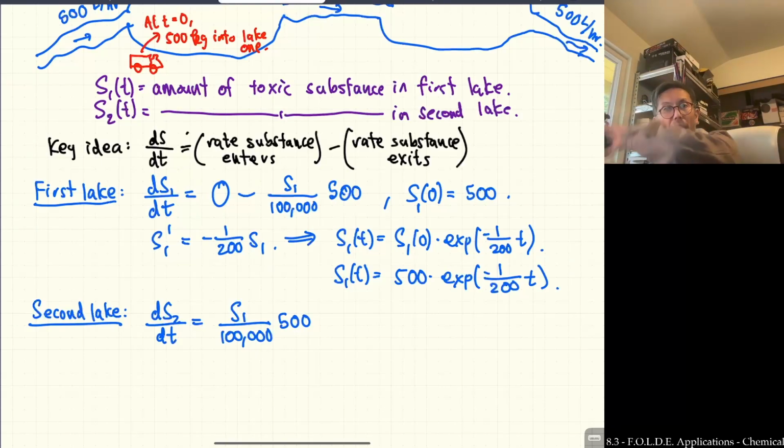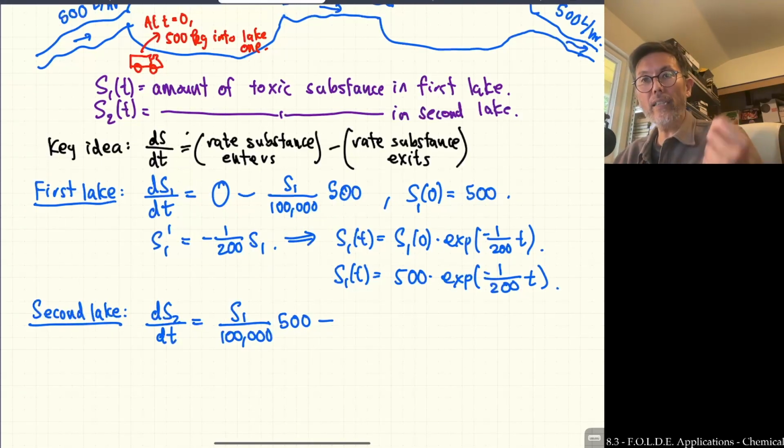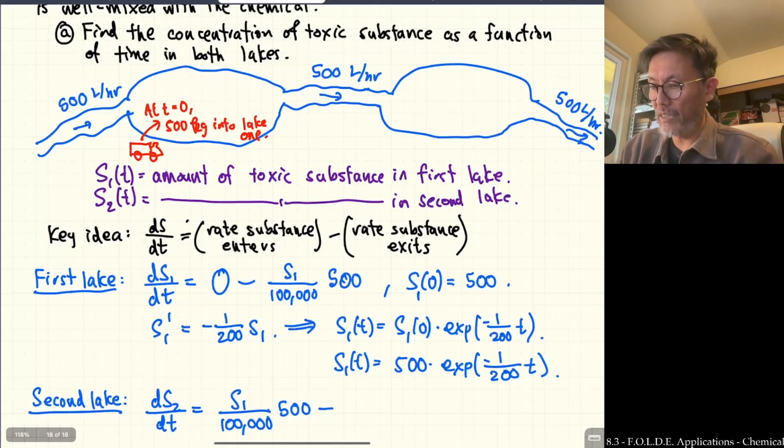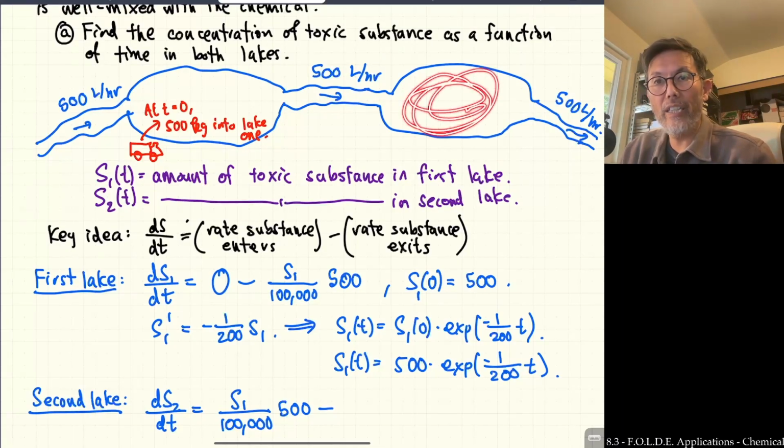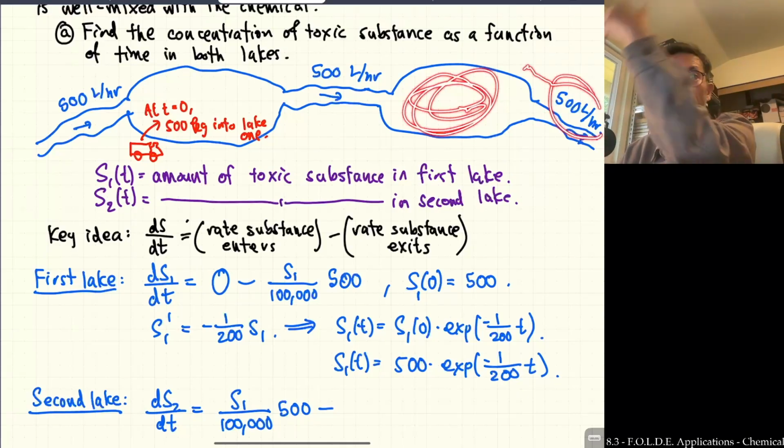Now, how much is exiting the second lake? The amount that's exiting the second lake is going to be given by the concentration of toxic substance in the second lake, multiplied by the volume of fluid that's leaving that second lake, which is 500 liters per hour.